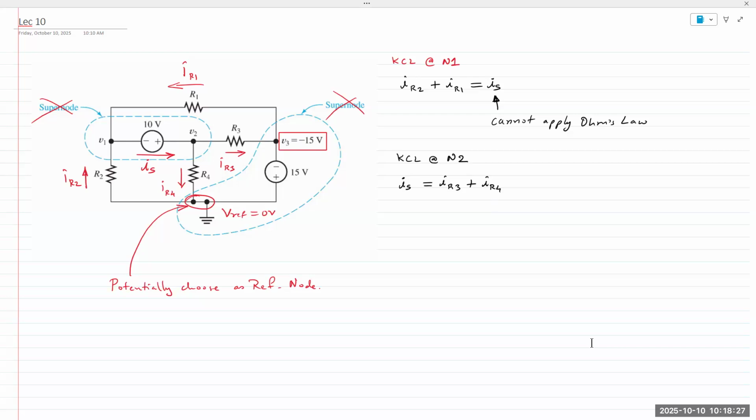But what can we do if we combine both these equations? We remove IS. So if X equals A and X equals B, we can write A equals B. And that's all it is.